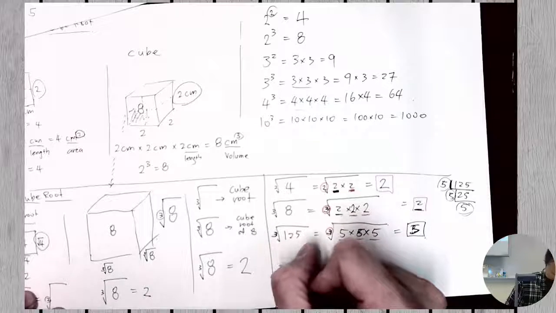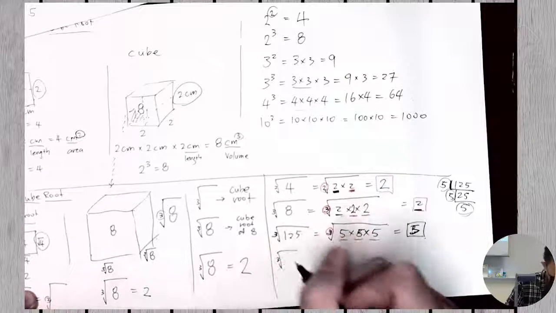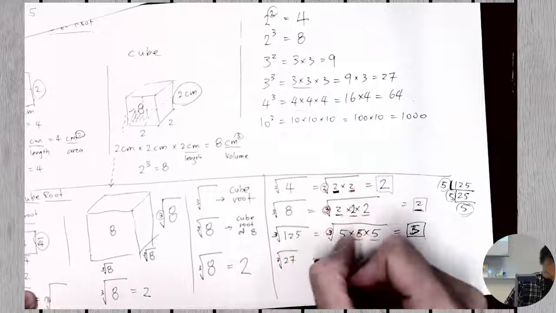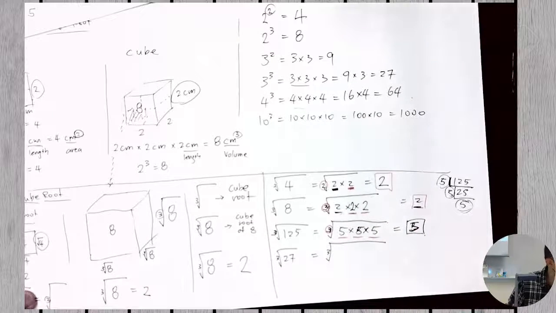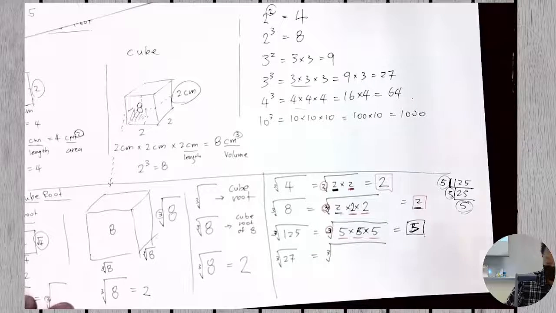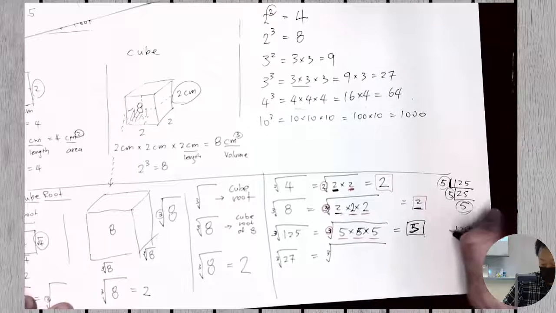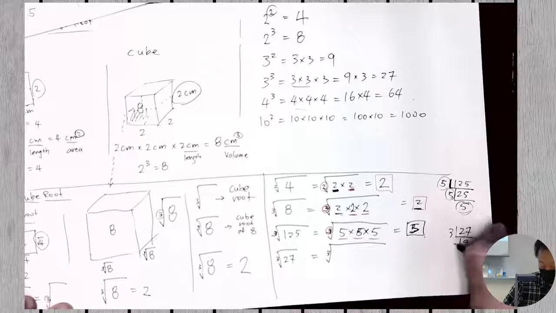And lastly, if I have cube root of 27, what is it? Do you see this as 3 times 3 times 3?